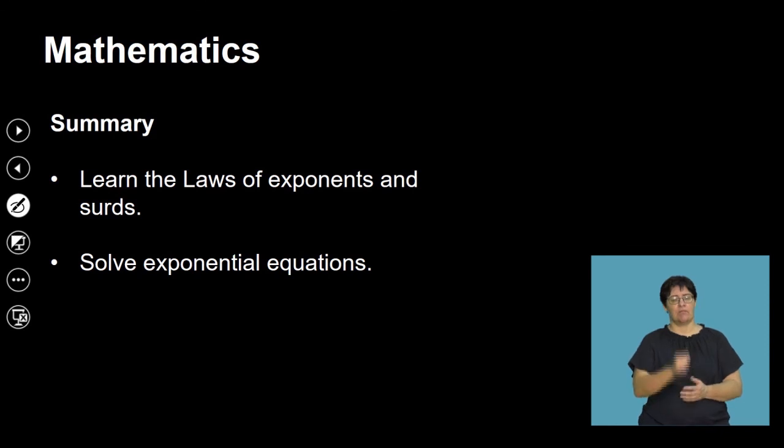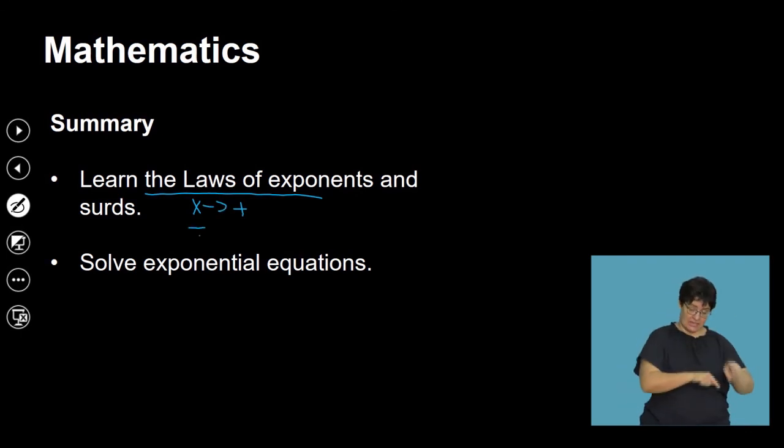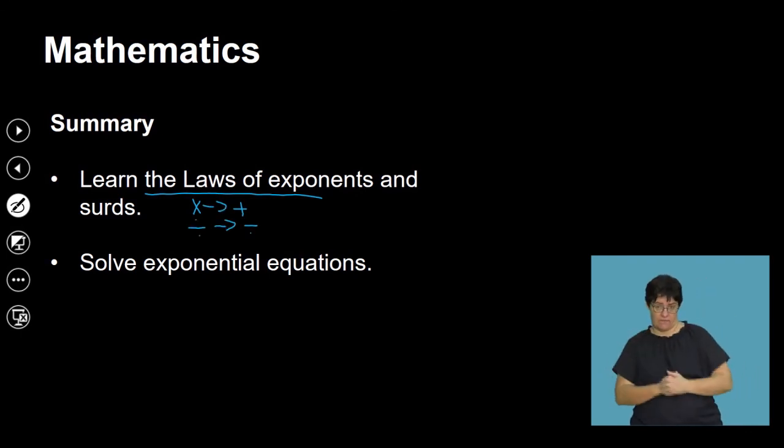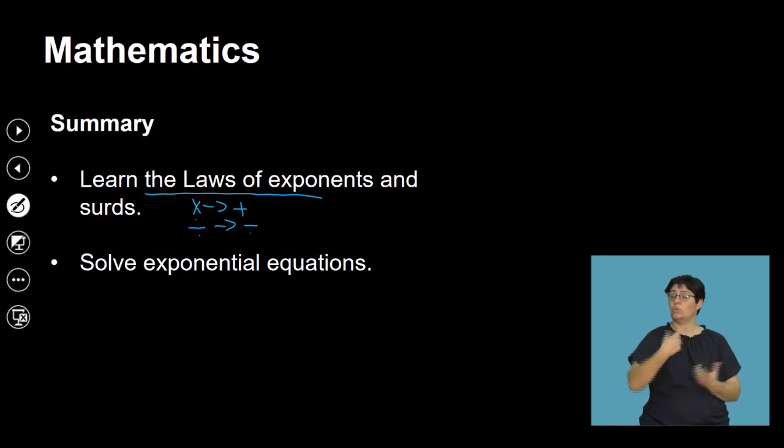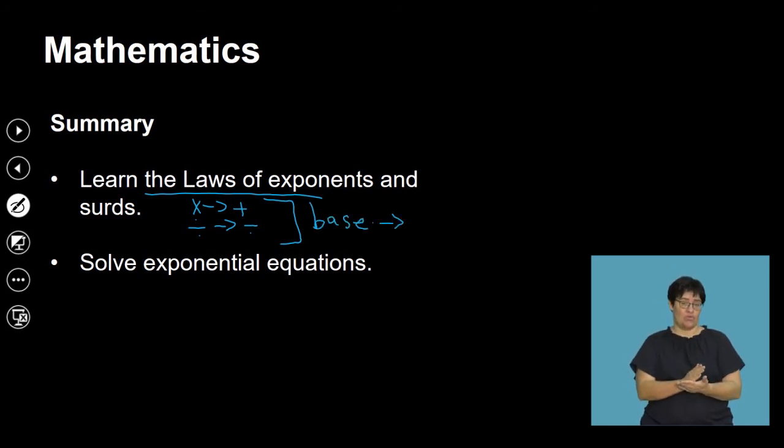And then what we've looked at so far is you need to make sure that you learn the laws of exponents, right? When we are multiplying, we add the exponents. When we are dividing, we subtract the exponents. But for us to do that, the bases must be the same. If they are not, then make sure that you convert them. The other thing is our bases, we always need to make sure that they are prime numbers, right?